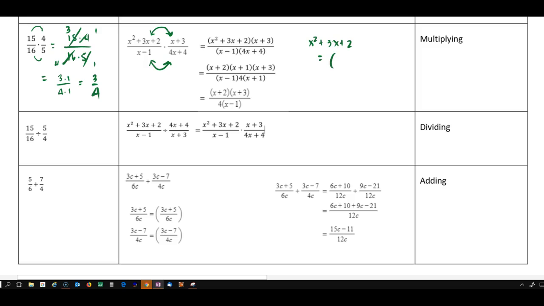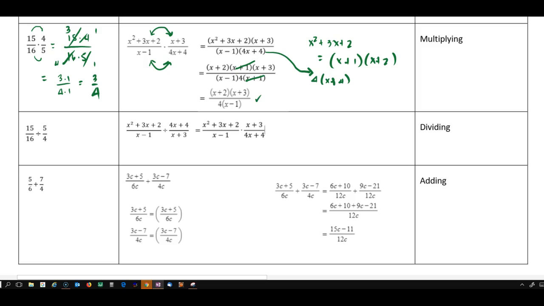This is factorable into x plus 1, x plus 2 by trial and error or by AC, and so is x plus 4. So we rewrite the numerator and the denominator and cancel common factors.